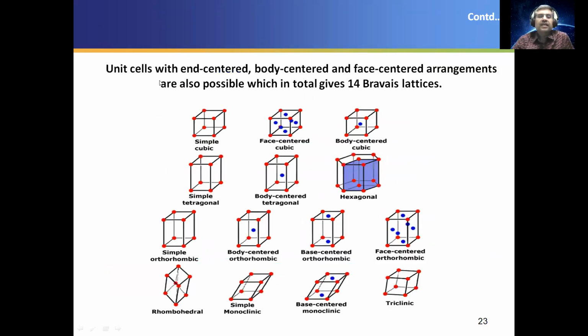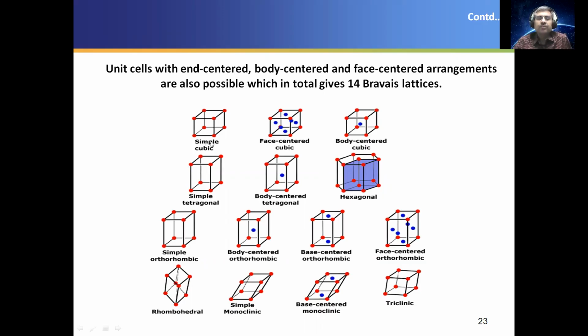These unit cell arrangements with end-centered, body-centered, and face-centered arrangements are also possible, which in total gives us 14 Bravais lattices. These are shown here diagrammatically.